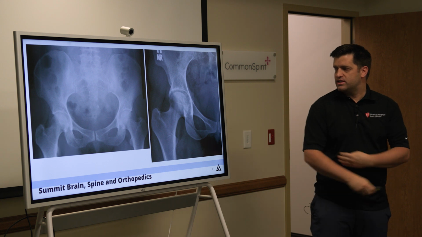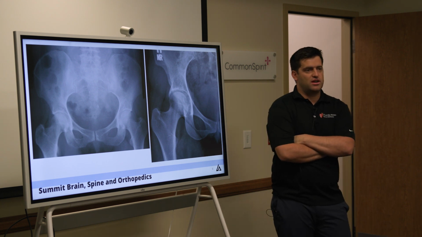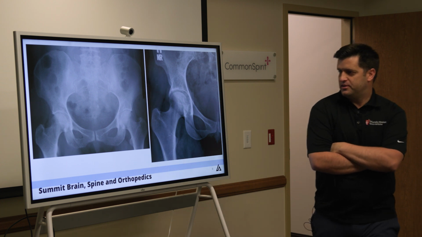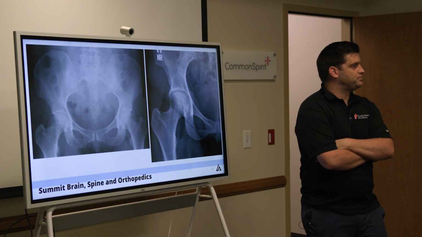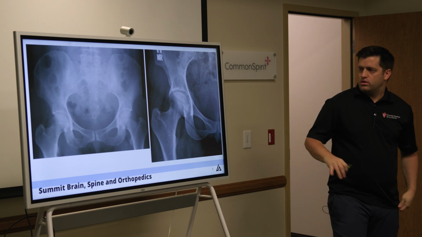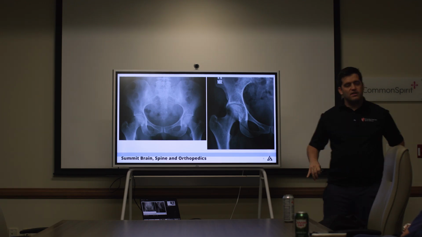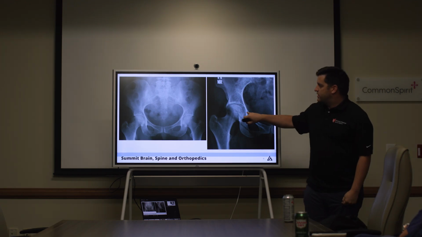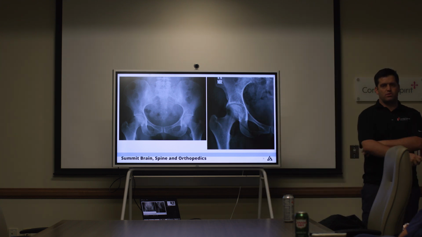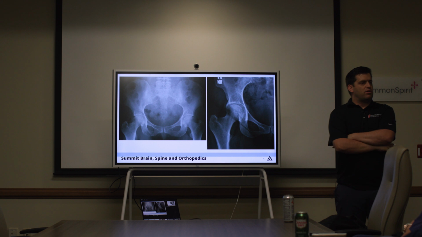All right, anyone notice anything on this x-ray? Looks suspicious for acetabular overcoverage. Yeah, and actually this is from a different patient, but 100%, I agree. How are you gauging that?